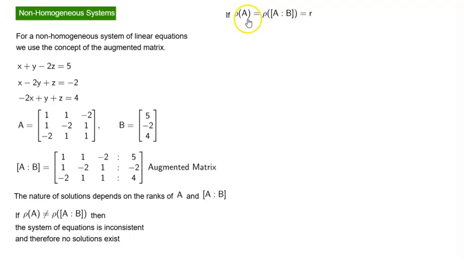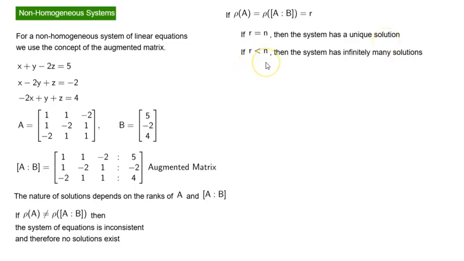If rank of A is equal to the rank of the augmented matrix, and let's say that is equal to R, then if R is equal to N, that is the rank is equal to the number of variables, then the system has a unique solution. If R is less than N, then the system has infinitely many solutions. Why? Because we will end up with some free variables.